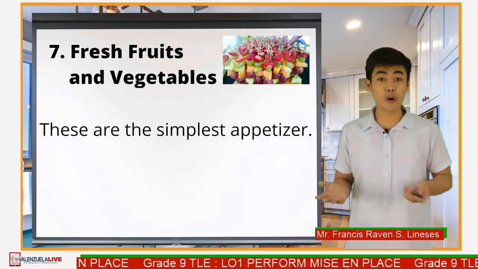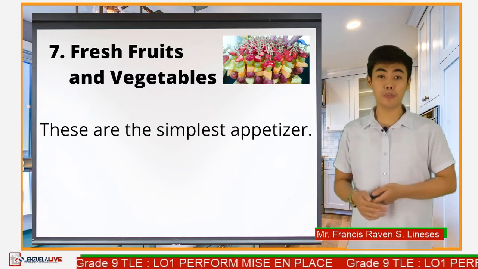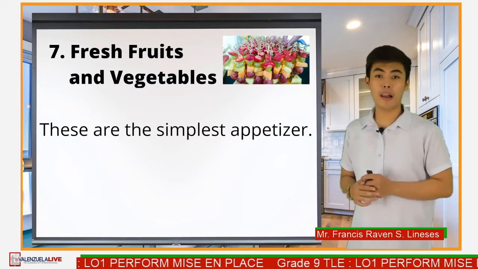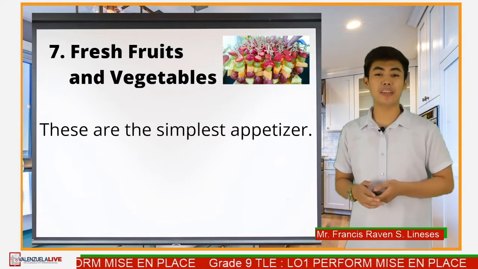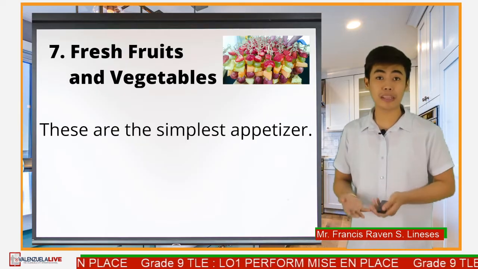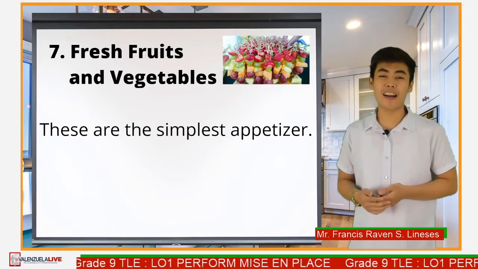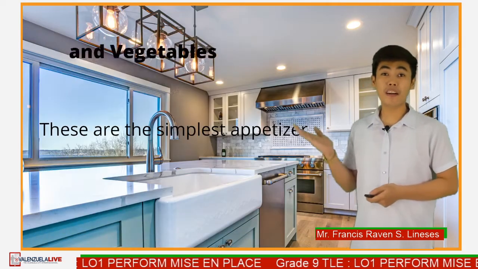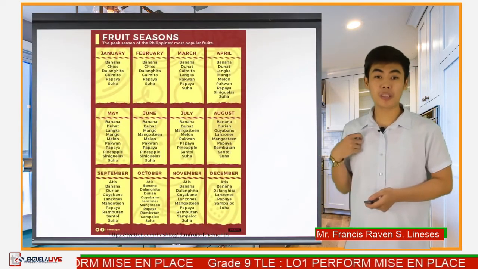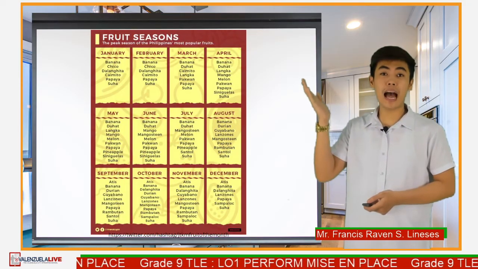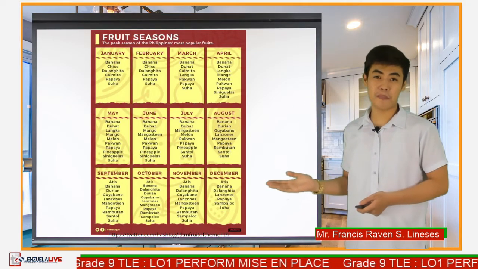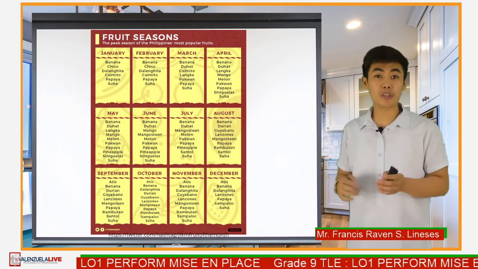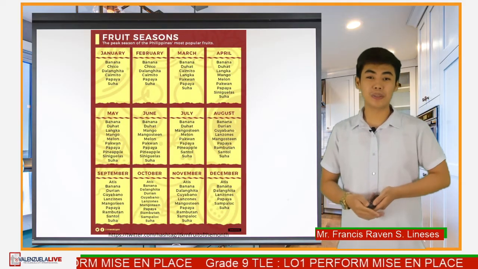I will show you a chart about the seasonal fruits available every month so that you can substitute ingredients in your appetizer. So here is the list of fruits from January up to December. Again, you can also search this on Google.